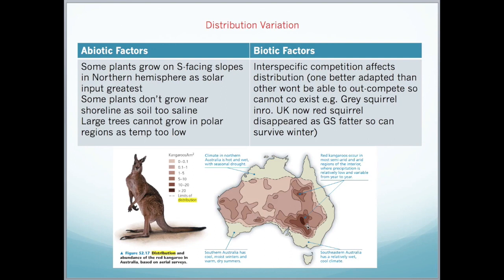The conditions are semi-arid or arid, which means there is less precipitation and relatively low variability from year to year. Whereas if we look on the outside areas, so for example the climate in northern Australia is very hot and wet with a seasonal drought, so there are no kangaroos there. So this relates how biotic and abiotic factors contribute to where particular species can be found.